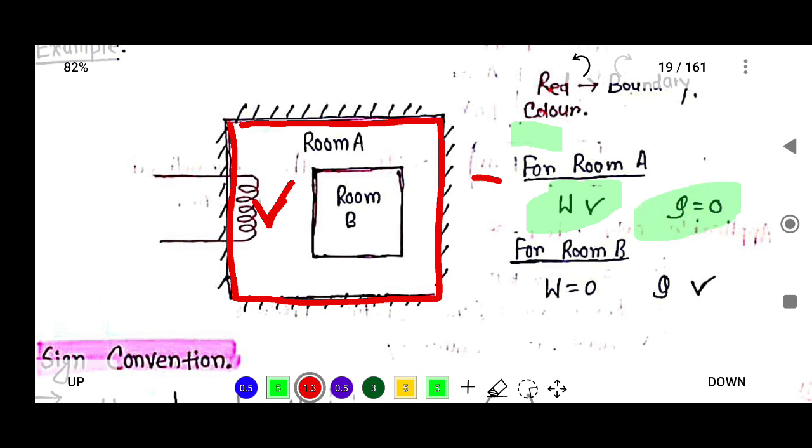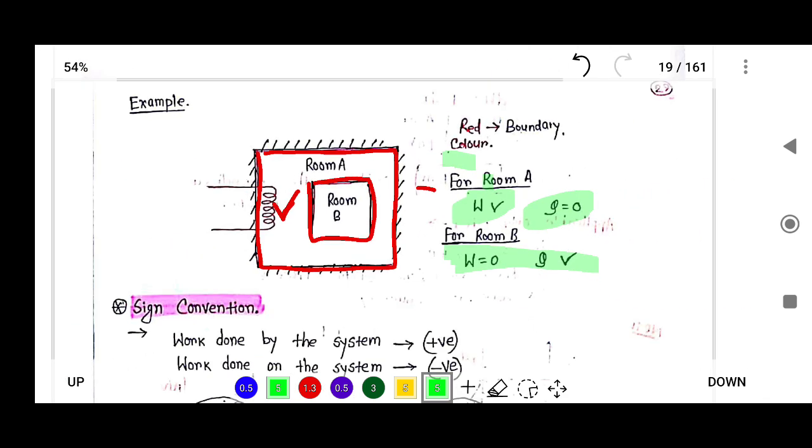But when you focus on system B, or room B, you see that the work transfer is 0, but there is heat transfer. Red color is the boundary color here.